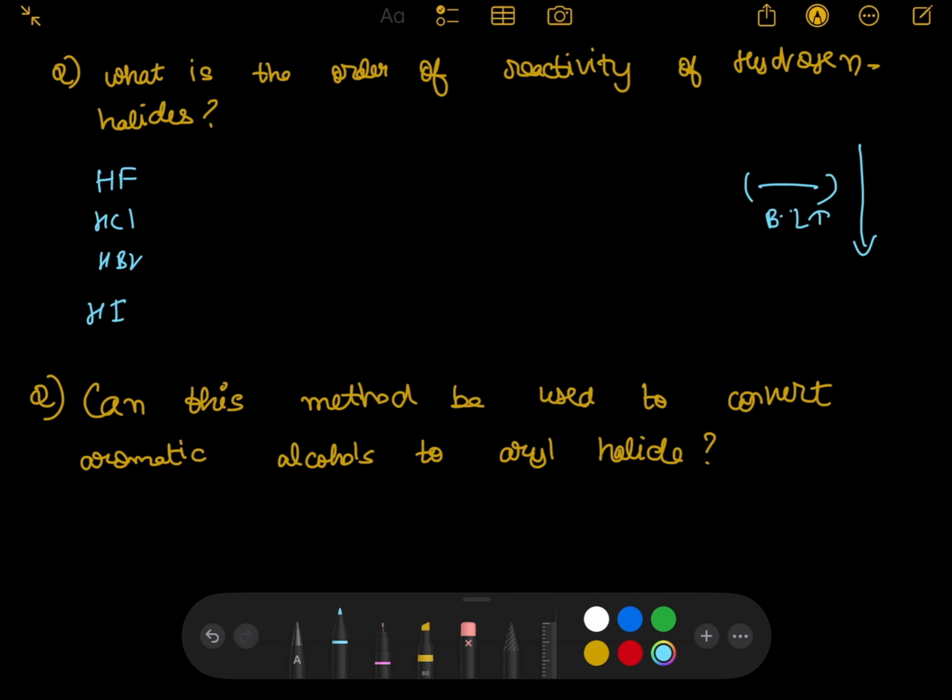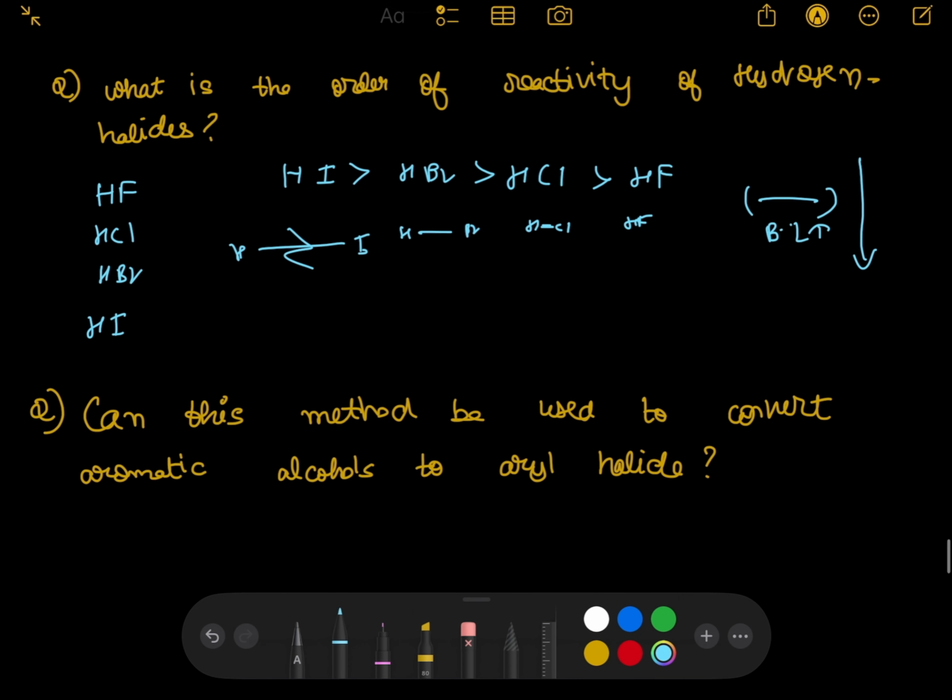So HI is more reactive than HBr, which is more reactive than HCl, which is more reactive than HF. Because its bond length is big, it's easier to break, whereas over here the bond length is getting smaller. That's why it's more reactive.